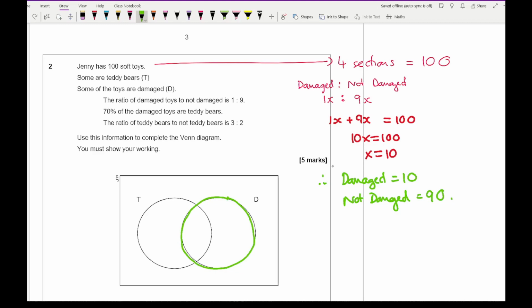So all of this is 10. Now it then says the rest is non-damaged, which is going to equal 90. So basically everything outside of that green circle is going to be 90.